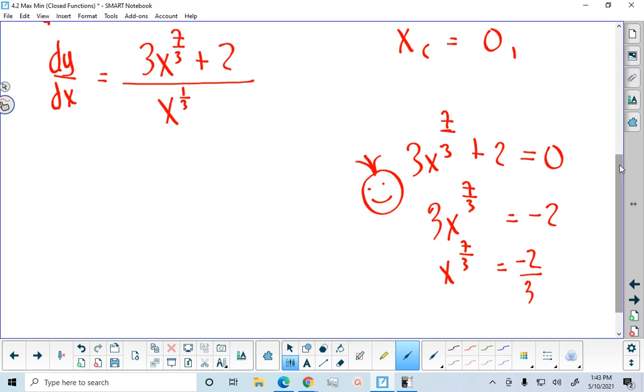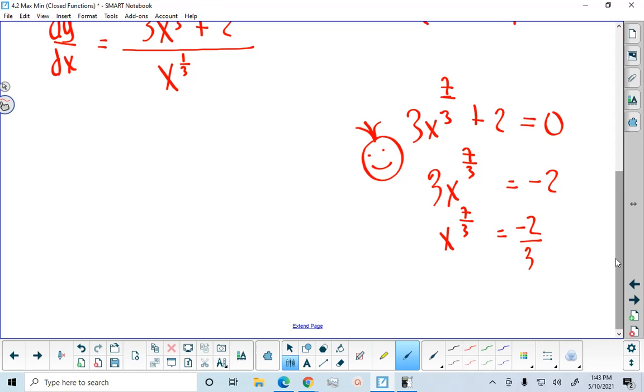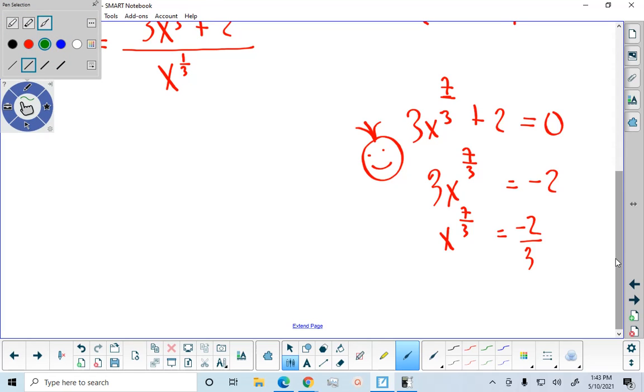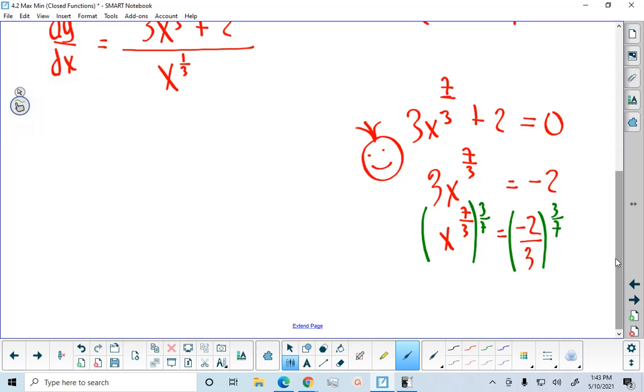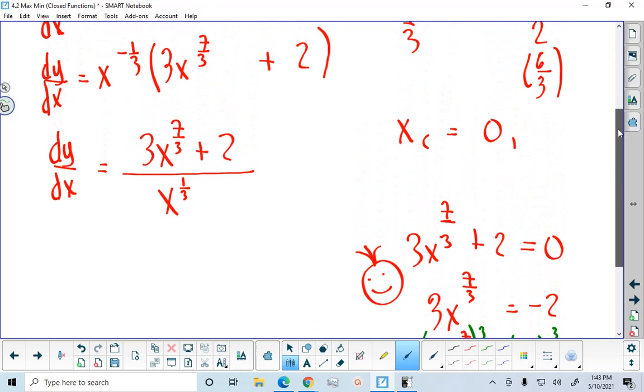And then I'm going to raise both sides to the reciprocal of the exponent. Because x to the 7/3 raised to the 3/7 is a power of a power, and I multiply those exponents and get x to the 1, which means negative 2/3 to the 3/7 is the other critical value of x, which is a weird number.